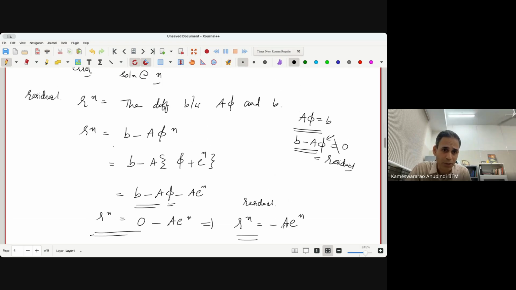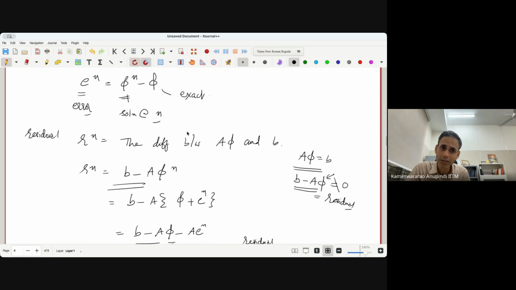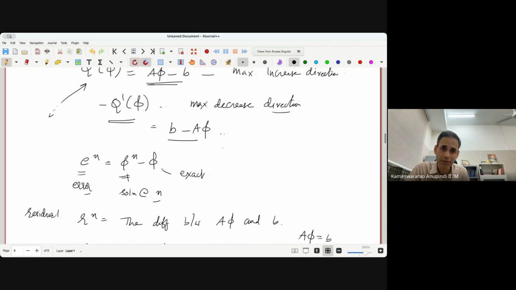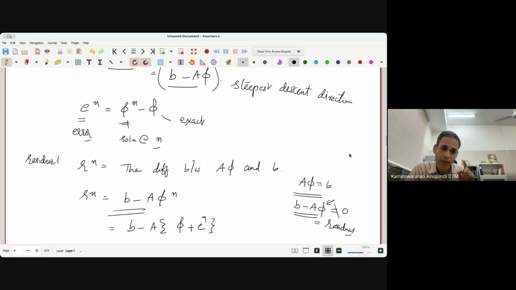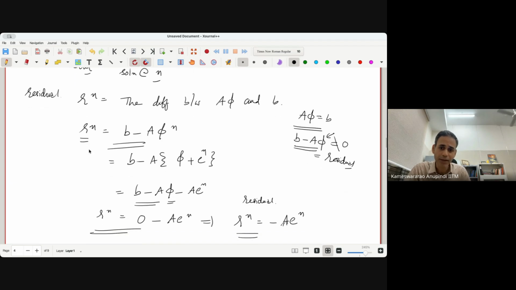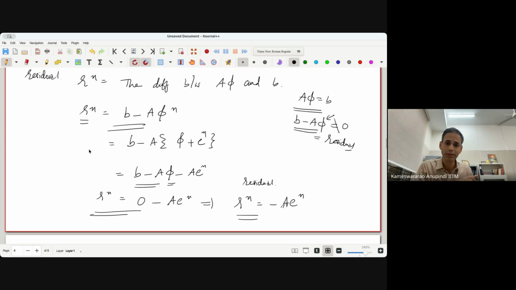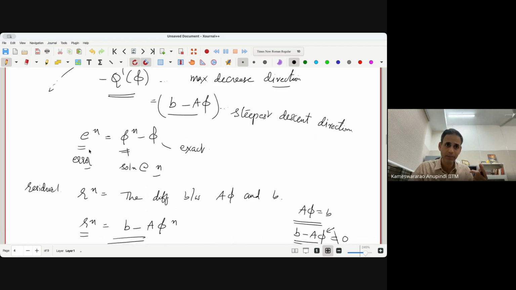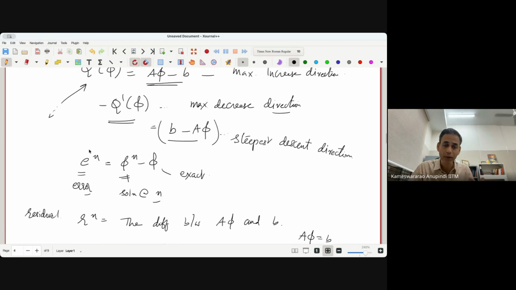But my residual is also equal to b minus A phi n. But what is b minus A phi n? We just defined b minus A phi n as the steepest descent direction, right? This is the steepest descent direction. That means if I calculate the residual at any iteration, that itself tells me that I should go in the direction of the residual, because that is b minus A phi n, which is the derivative of Q, Q prime, with a minus sign.